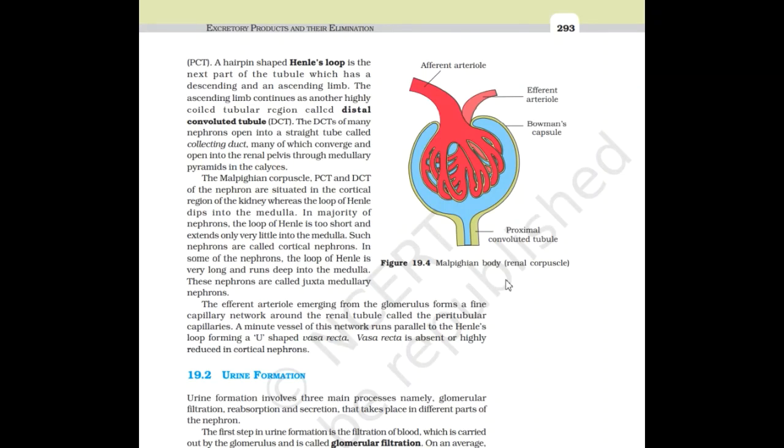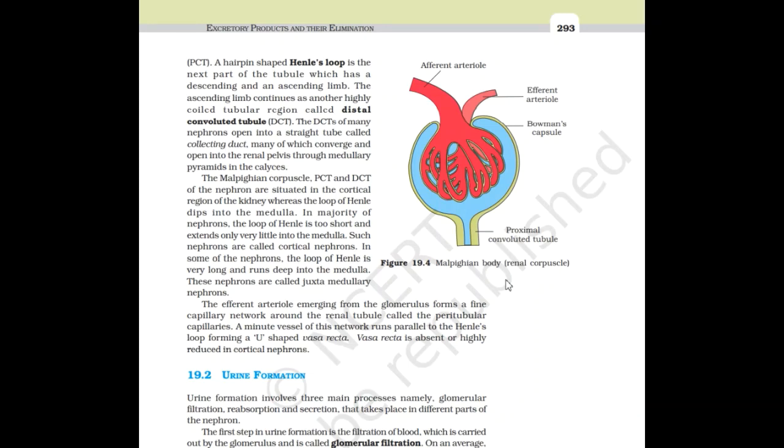A hairpin-shaped Henle's loop is the next part of the tubule, which has a descending and an ascending limb. The ascending limb continues as another highly coiled tubular region called the distal convoluted tubule (DCT).